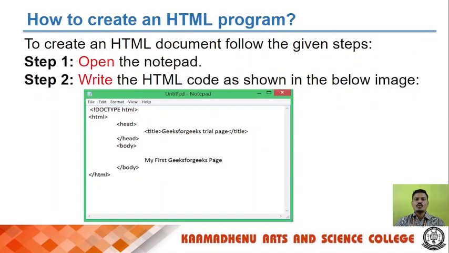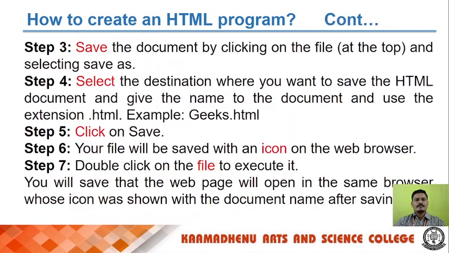Next, how to create an HTML program. To create an HTML document, in the first step we open Notepad, and in step 2 we write the HTML code as shown in the image. There is a head, title and the body. Next, step 3, save the document by clicking File at the top and selecting the Save As button, and select the destination where you want to save the HTML document. Give the name of the document and use the HTML extension .html, for example Greeks.html.